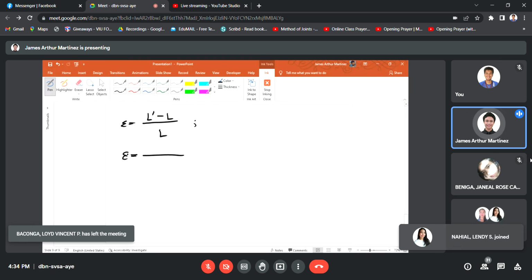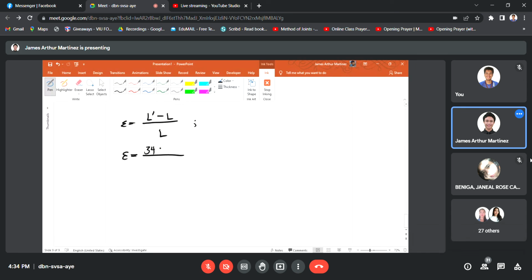So how much is this? This is 349.011 minus the original length L, 346.410, all over 346.410. So the strain for both wires would be equal to 349.011 minus 346.410 all over 346.410.